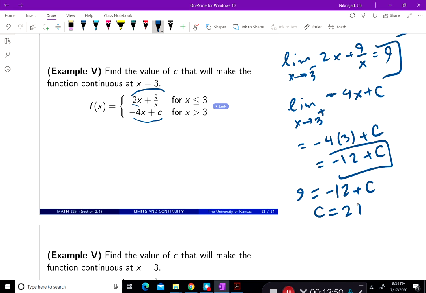And this is what we get from the definition of continuity as well. So if we want the function continuous at x equal to 3, that's the value we have to use. And for c equal to 21, the function is continuous everywhere but at x equal to 0.